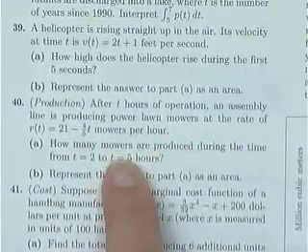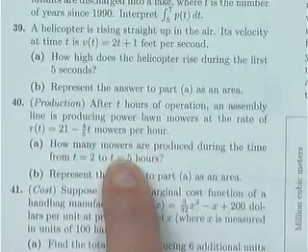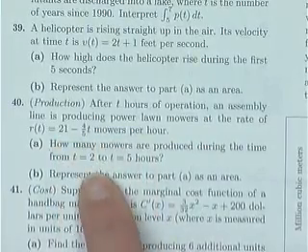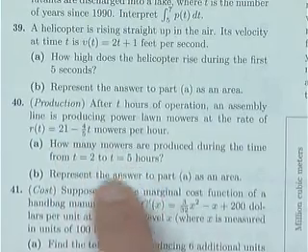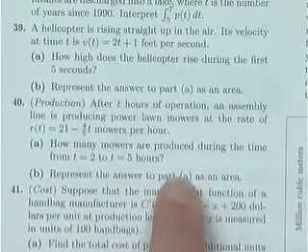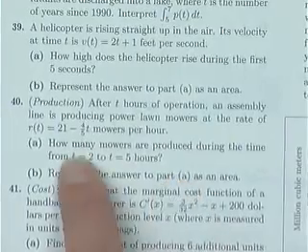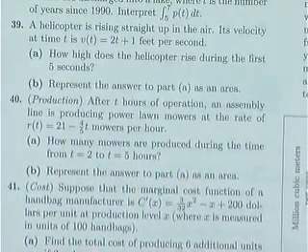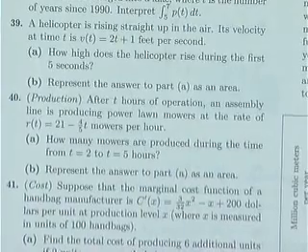So if you want the total number, what would you do? Anti-differentiate this, or integrate from 2 to 5. And that would be area under that curve, because you would be graphing the derivative, so underneath would give you the total.